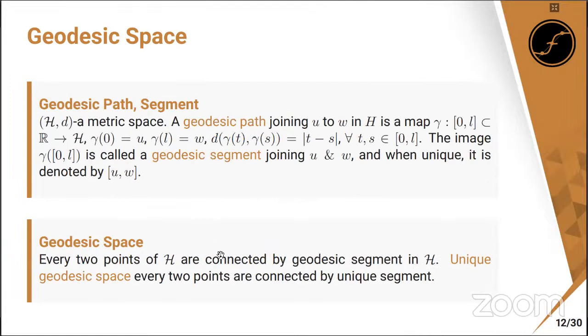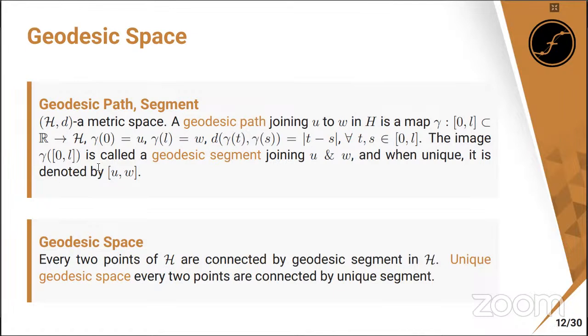And so now let's look at geodesic spaces. If you have a metric space, then a geodesic path connecting 2 points u and w in the set is a mapping gamma from [0, L] into H such that gamma of 0 is the first point u and gamma of L is the second point w, and it satisfies this relationship: the distance between gamma of t and gamma of s is the absolute value of t minus s, for every t and s in [0, L].